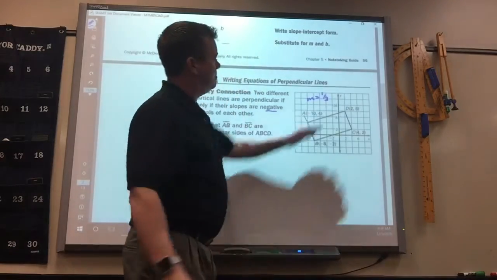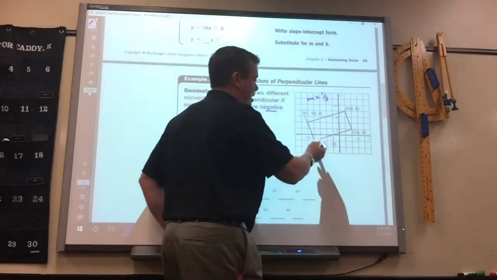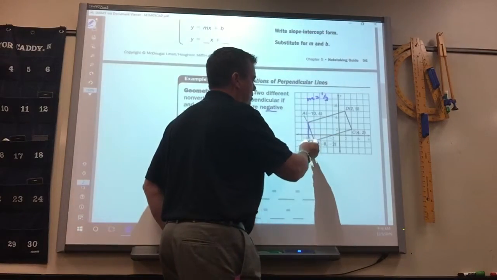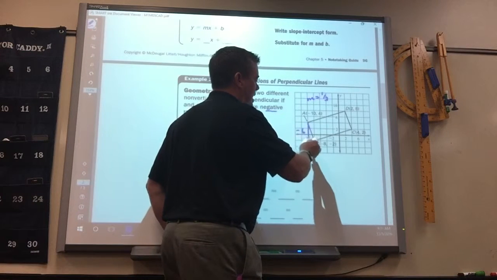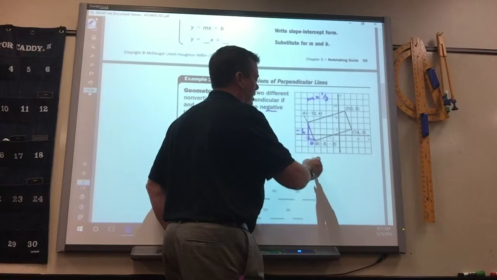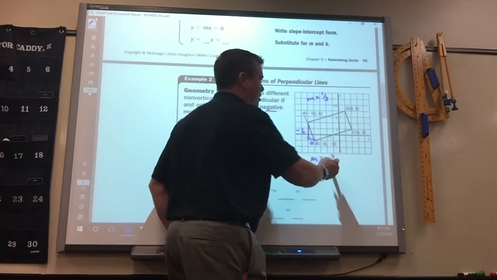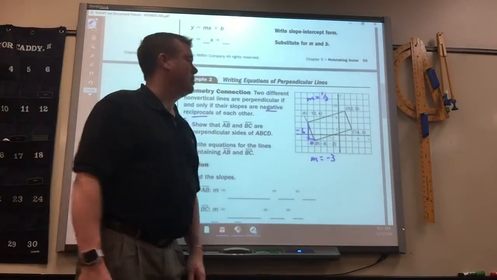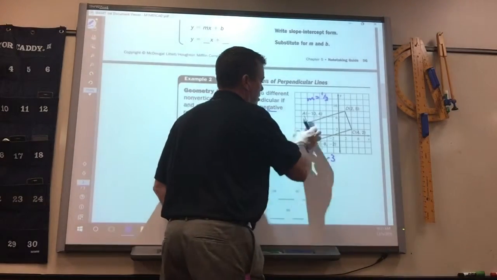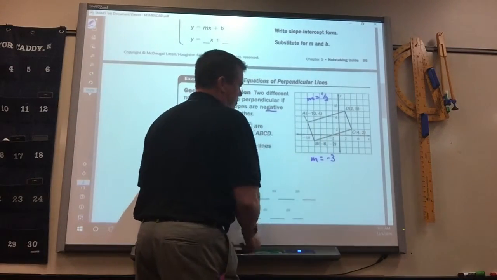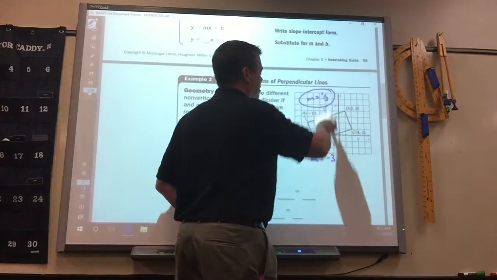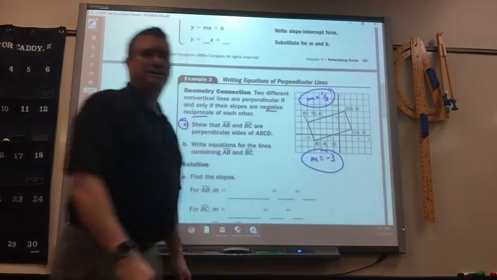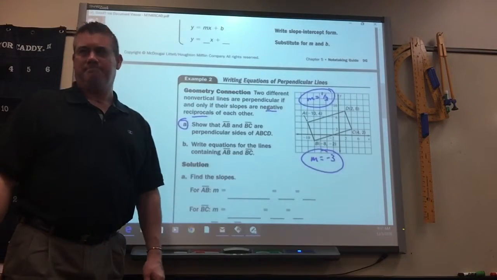the lines are parallel. Then this one, if I go down 2, 4, 6, and over 2, that gives me a slope of negative 3. Negative 6 over 2. So, 1/3 and negative 3, are they reciprocals of each other?